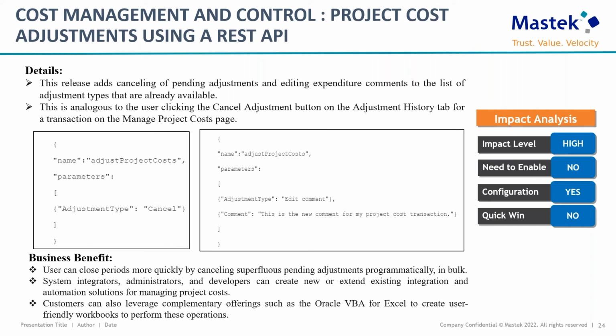Let's move to the next feature, which is from cost management and control. The name of the feature is project cost adjustment using a REST API.